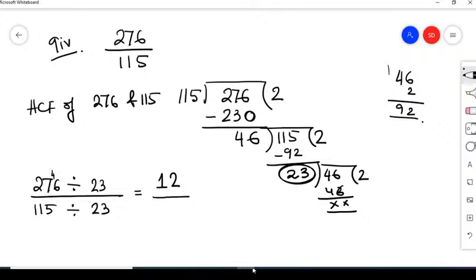And this will be 5 then, isn't it? Now see this, since this is an improper fraction, you have to convert this to a mixed fraction. This is your answer. No, wait, one minute. Simplest form, that's it. Keep it till here. Question number 9. Yes, this is your answer. Okay.